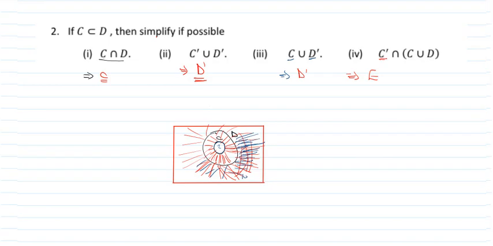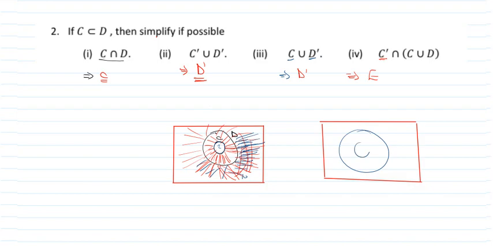Okay, let me just draw another diagram so that you see what is happening. Alright, we have D and also C inside there.